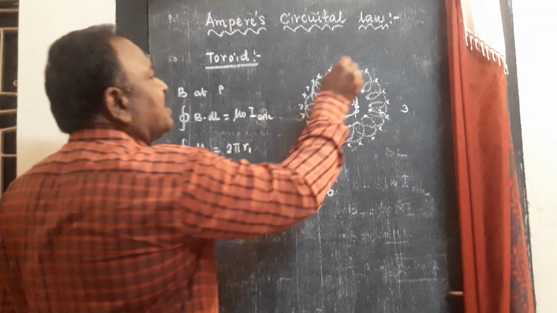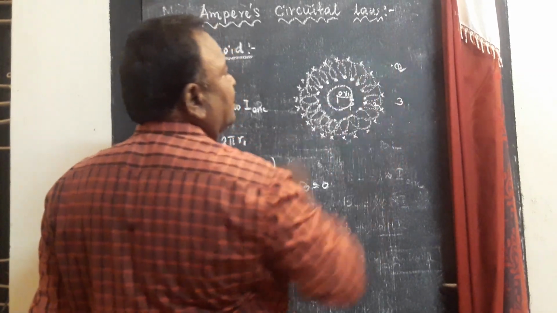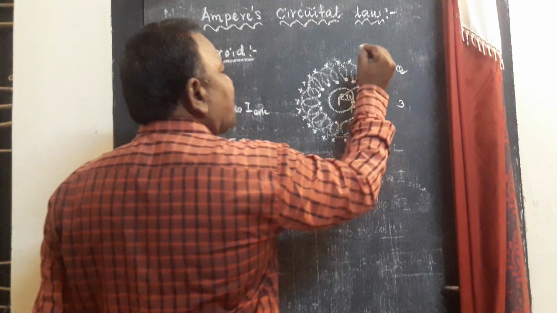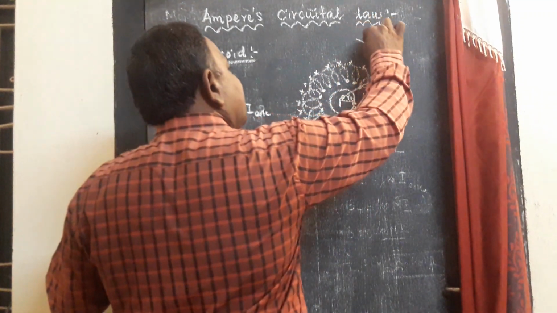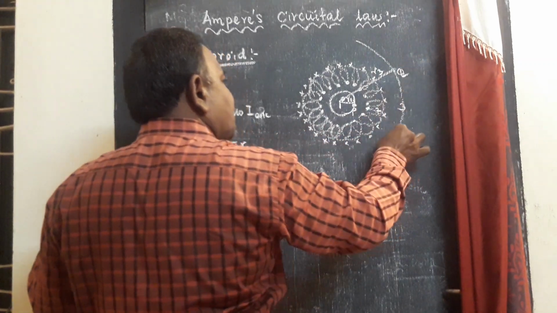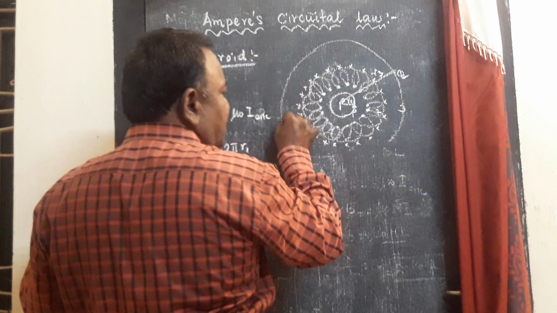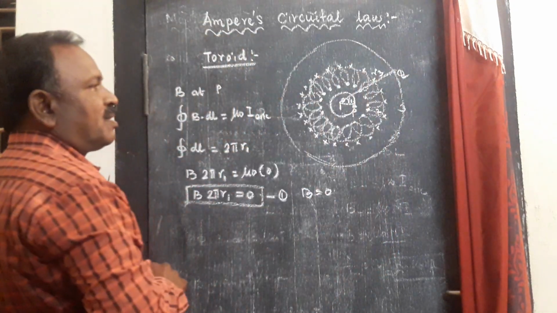Next we are going to consider point Q. This point Q is at a distance R3 from the center. Now with R3 as radius, you construct an Amperian loop. So I am considering an Amperian loop of radius R3.